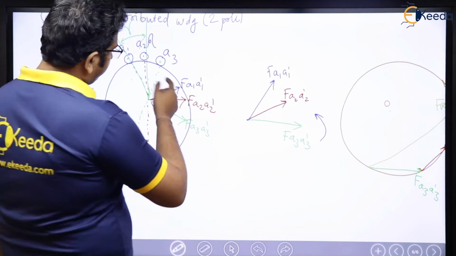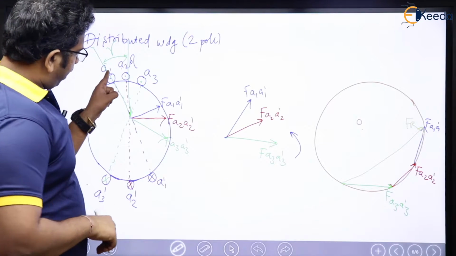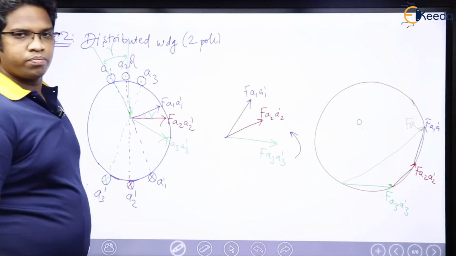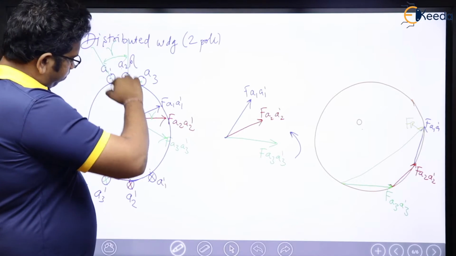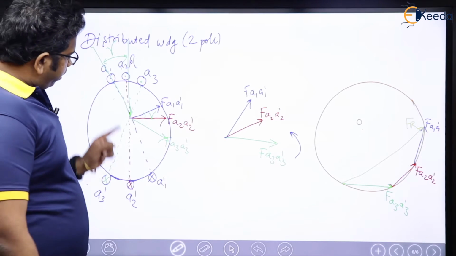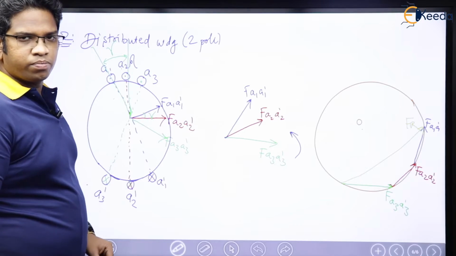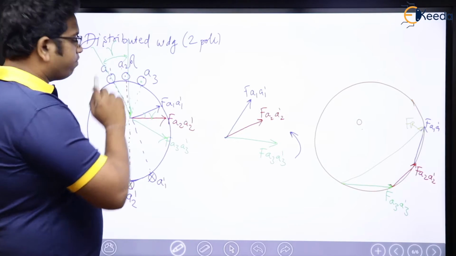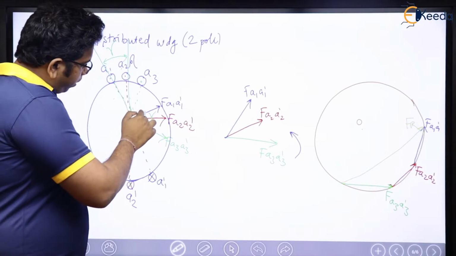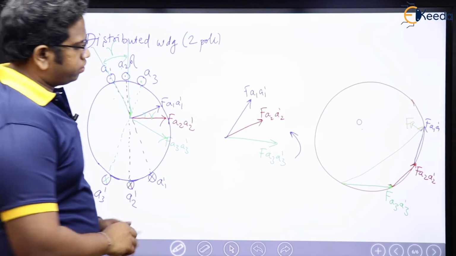Since the angle between A1 and A2 is gamma, by the same angle this has to be shifted also.